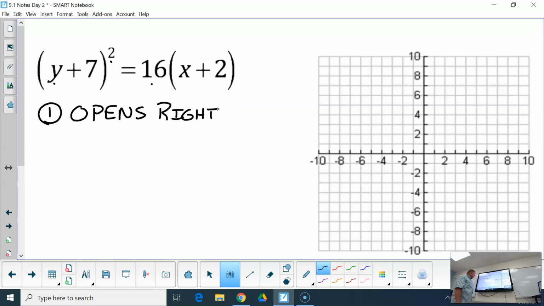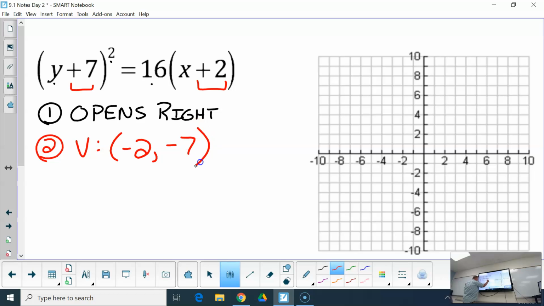Next thing we look at is where the vertex is. So again, I'm thinking what's attached after the two variables. Attached after the x is 2. So I'm thinking that my vertex here is at -2, -7. I think oppositely on what's attached after the x, oppositely on what's attached after the y.